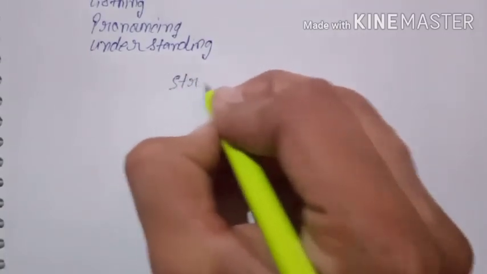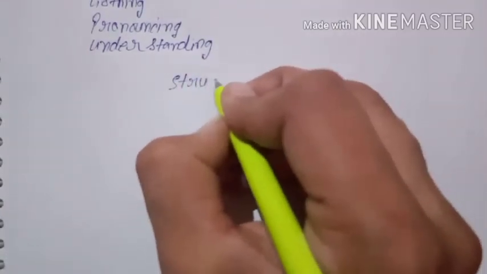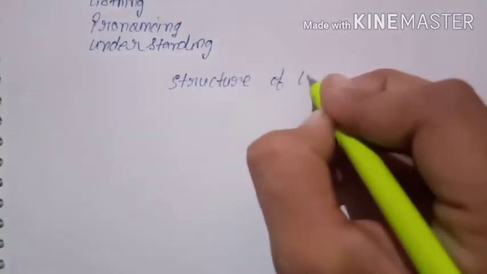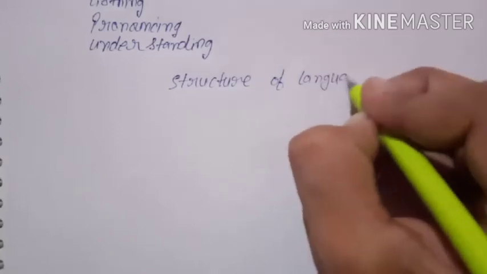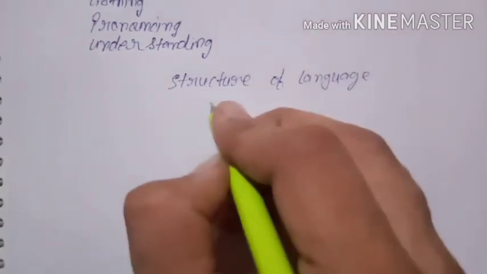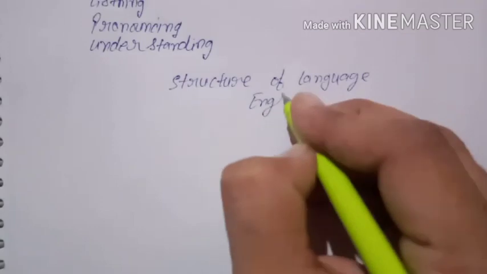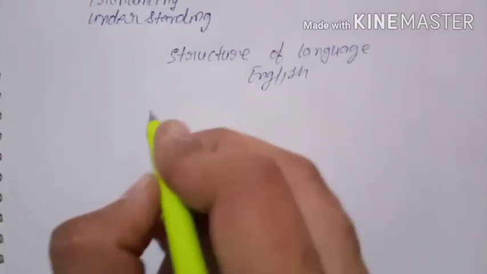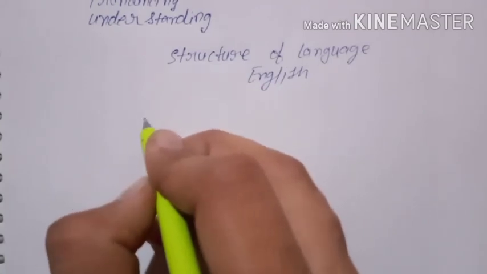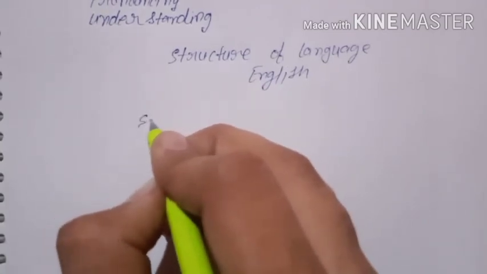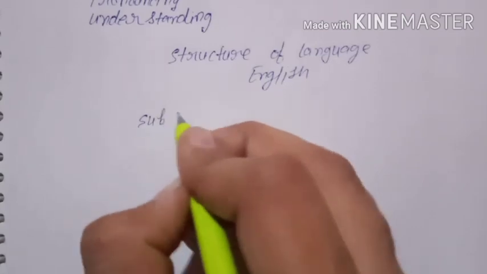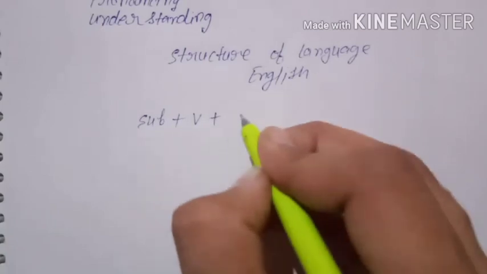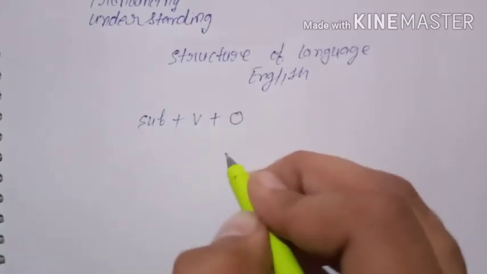Structure of language English is, first of all, we write subject, then verb, then object.